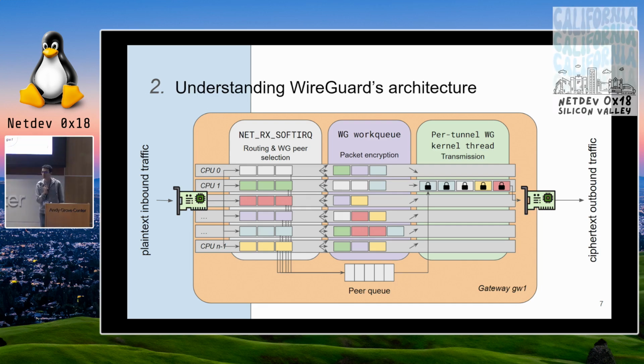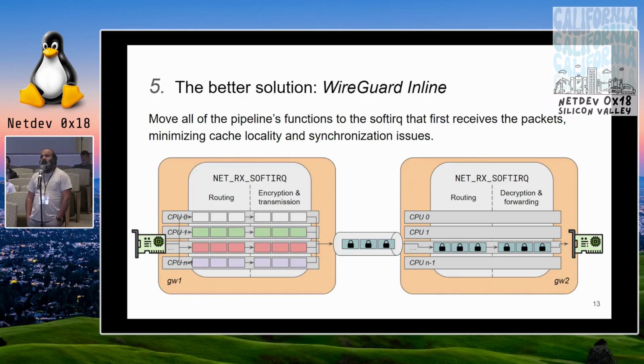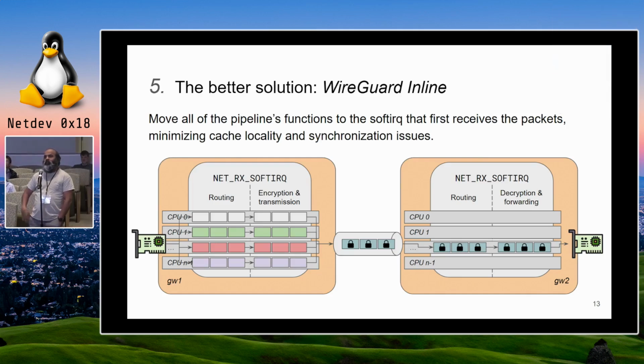Can you go to the slide with the inline where you're showing this? Yeah, this one. Do these span out after they are decrypted to multiple NAPI threaded instances, or does it just go to one NAPI ID?